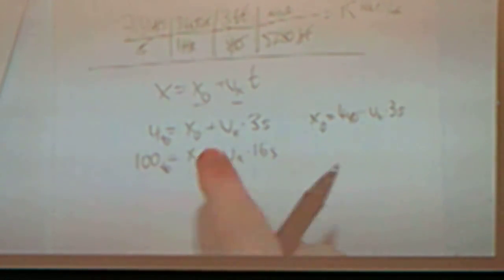X naught. All right. So let's solve this first equation for x naught. It's going to become x naught is equal to 4 yards minus vx times 3 seconds. Let's plug that into the second equation. Now the second equation says 100 yards is equal to 4 yards minus vx times 3 seconds plus vx times 16 seconds.